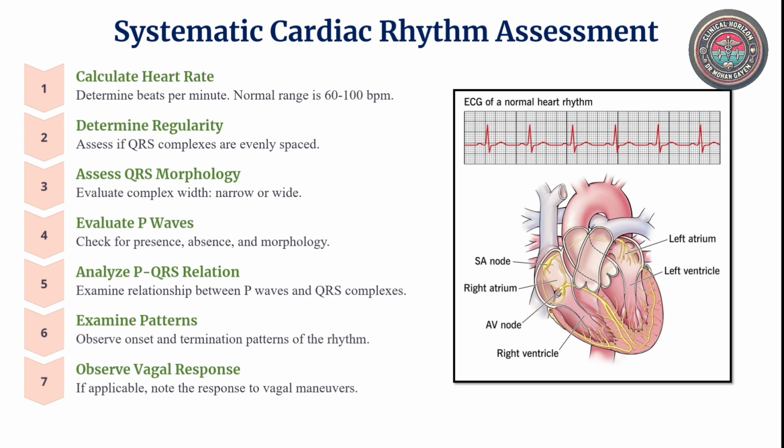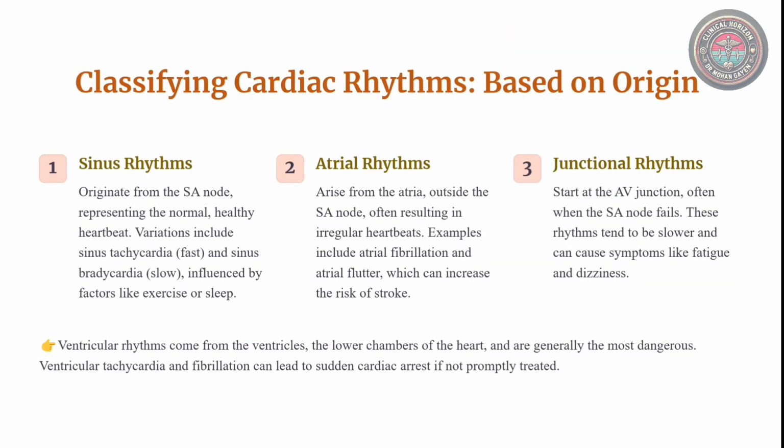However, not all rhythms are normal. When the SA node is unable to maintain its pacing role, other areas of the heart may take over, leading to abnormal rhythms. These can be broadly classified based on their origin. Sinus rhythms, generated by the SA node, include sinus bradycardia, sinus tachycardia, and sinus arrhythmia.